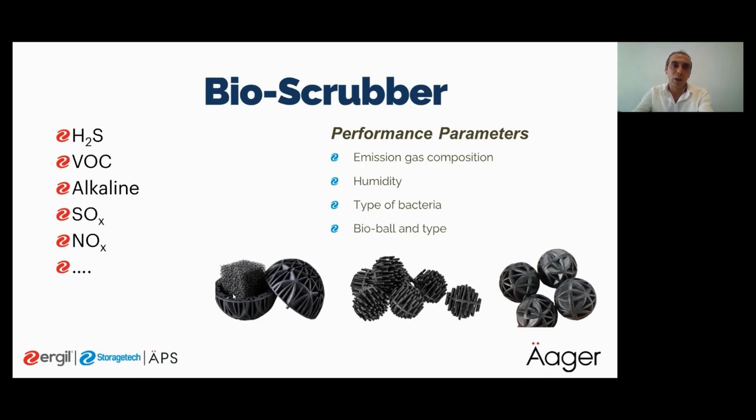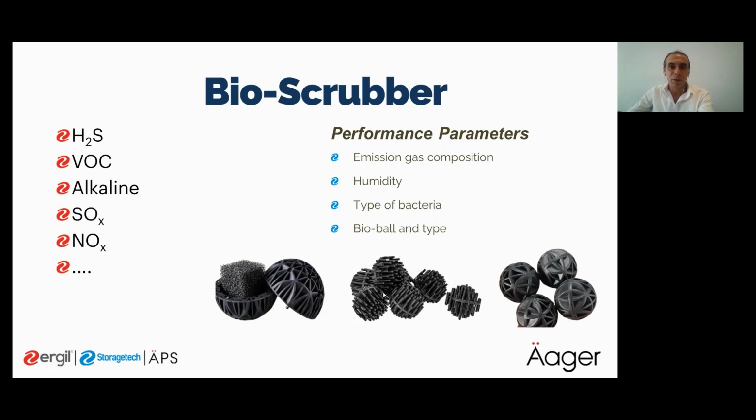And you can use bioscrubbers for multi-organic compounds, alkalines, SOx, NOx, and those kinds of things. Also you can see at the bottom, these are the bioballs. We are immobilizing the bacteria on these balls. Generally, these are made from polyethylene.